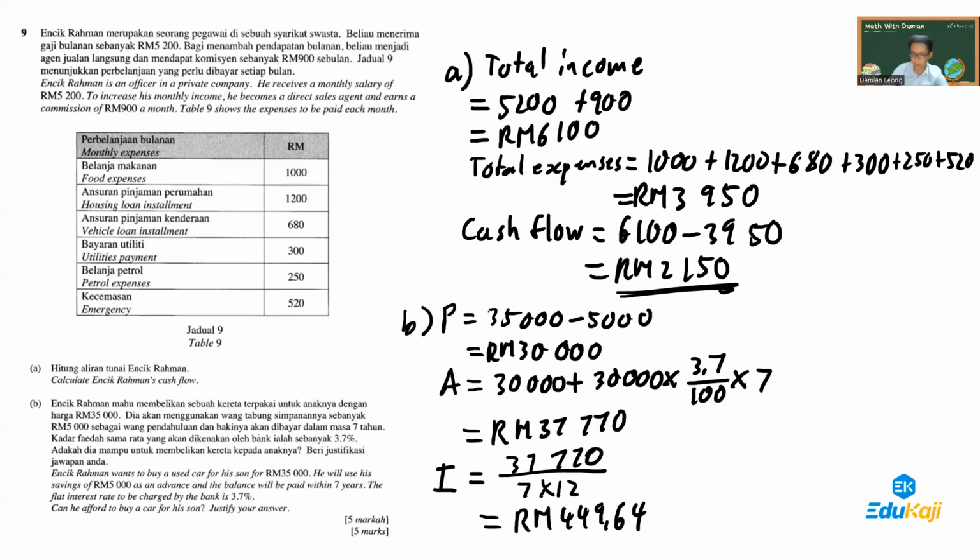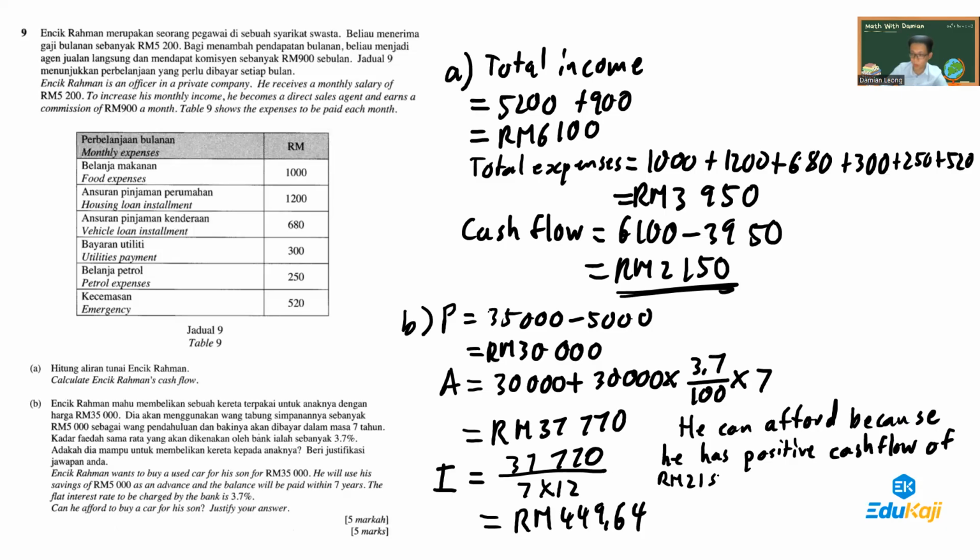449 ringgit 64 cents, give about 450 ringgit. So basically he can afford it because he has positive cash flow of 2,450 ringgit, which is more than what is needed for the loan installment.